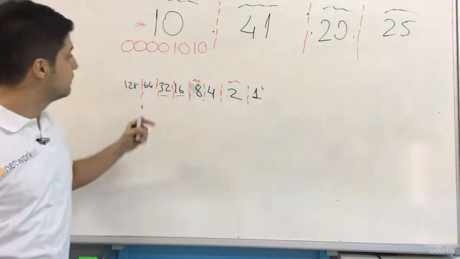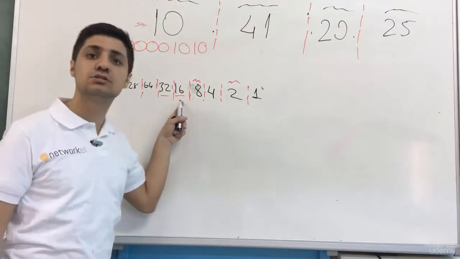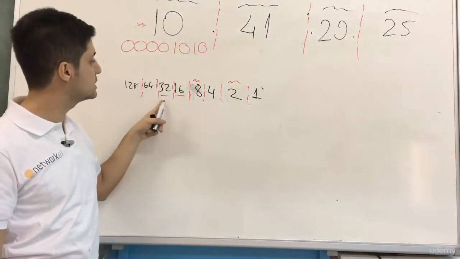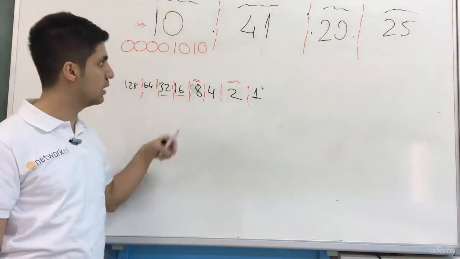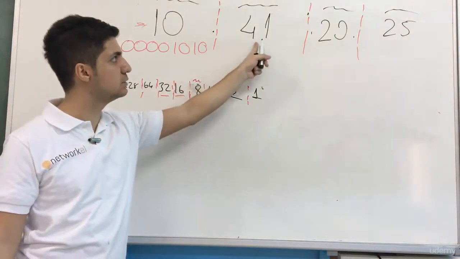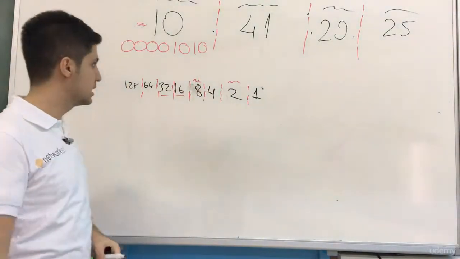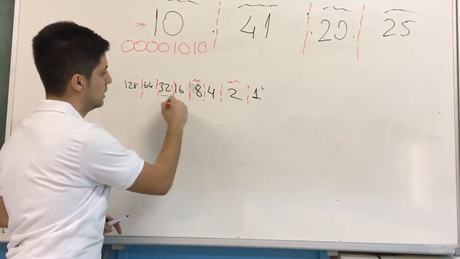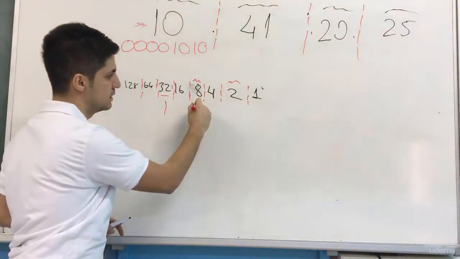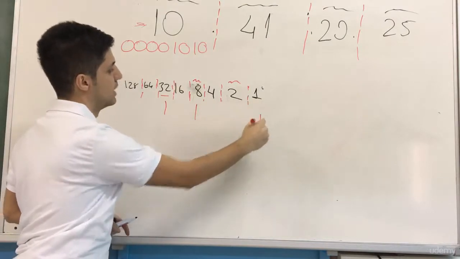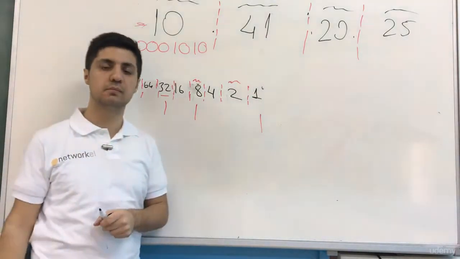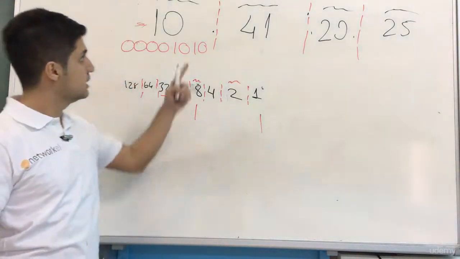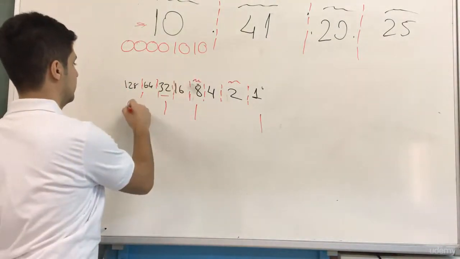Which means that I shouldn't use this or this. How can I get easily to 41? If I use 32, 8, and 1, what will it be? It's going to be 41, right?